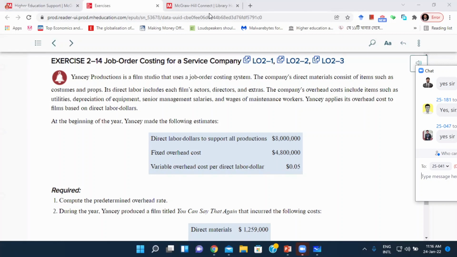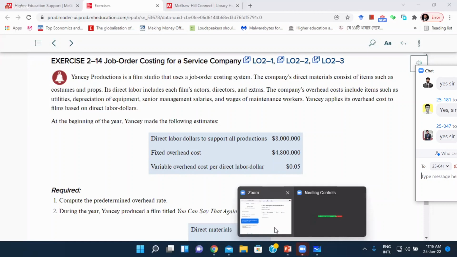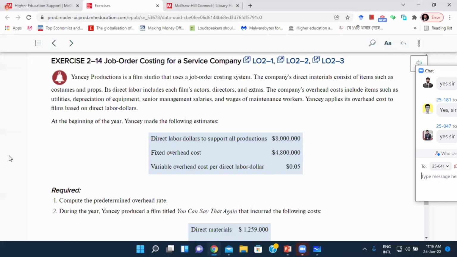You have got your question: what do we understand by props in the film, which is a part of direct materials? Anyone? I see no answer.